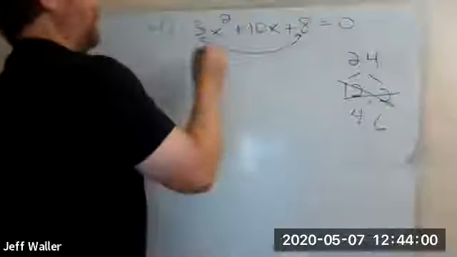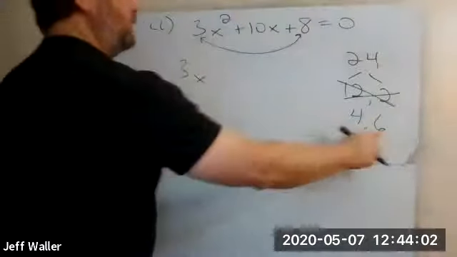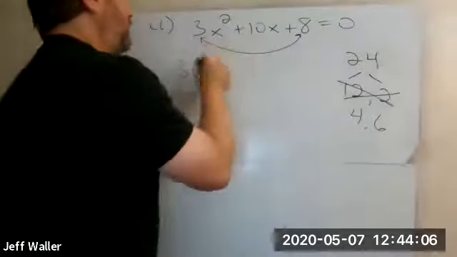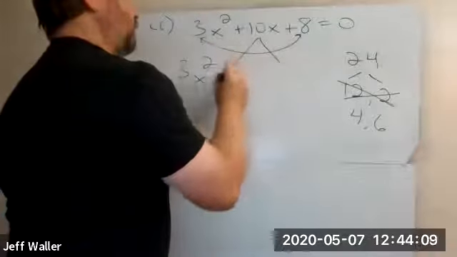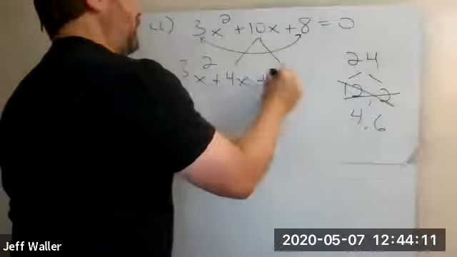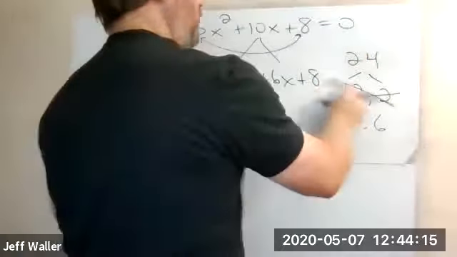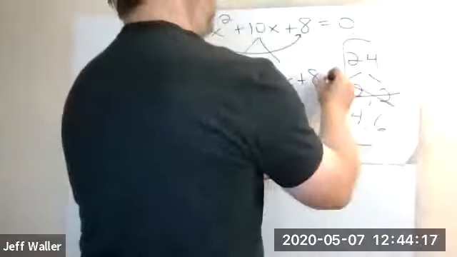So what I can do, since 4 and 6 add to be 10, that's where they came from, I can rewrite this as plus 4x plus 6x plus 8.